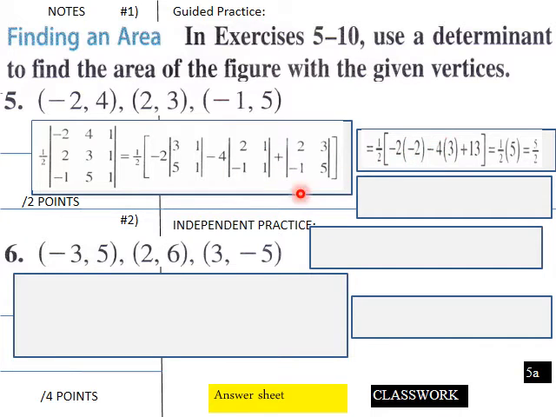And then this one here would just be a 1. So it would be 10 minus a -3 would be positive 13. And then when we add all these together, we have 1/2 times 5 would equal 5/2. So the area would be 5/2. So that would be our area for this triangle.